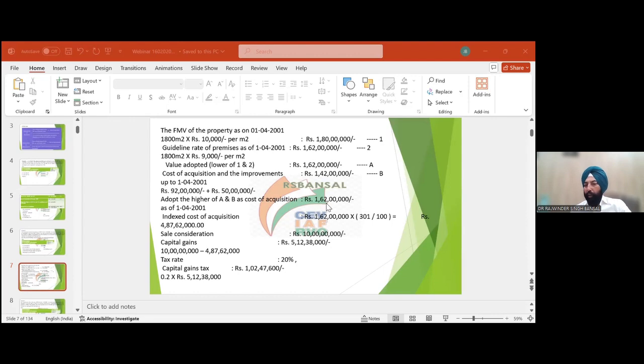Most of the time cost of acquisition is lower than guideline rate because after a certain period guideline rate increases, but to be on the safer side, if you take guideline rate nobody will ask you any question. But if you have certain evidence from the submitter, we can adopt that and consider it as fair market value, no?